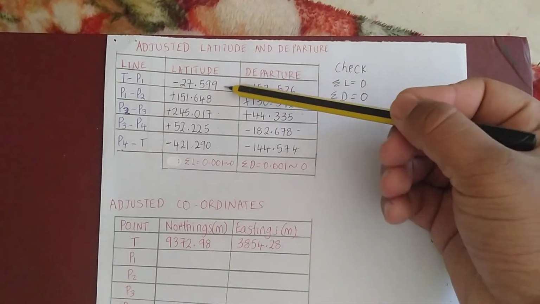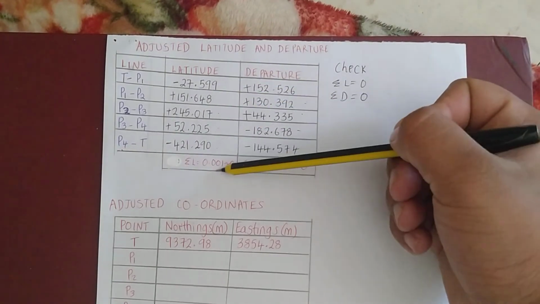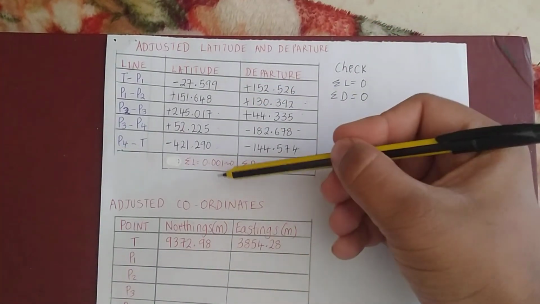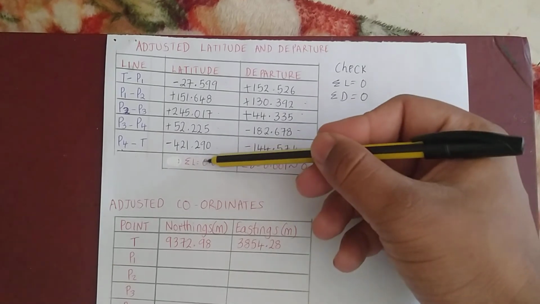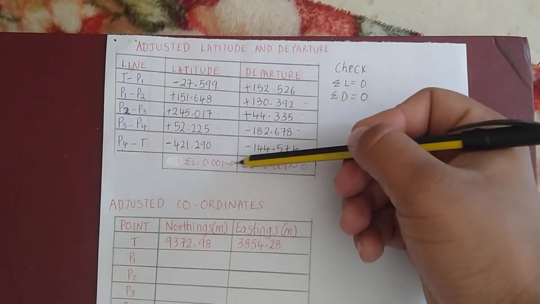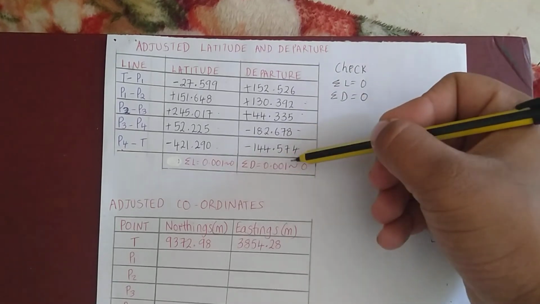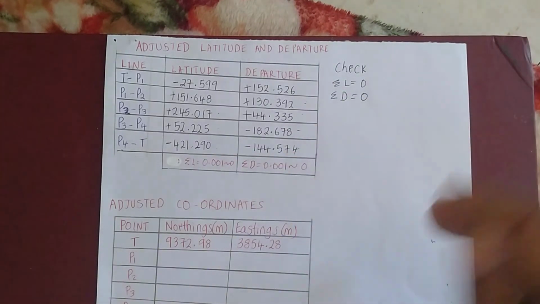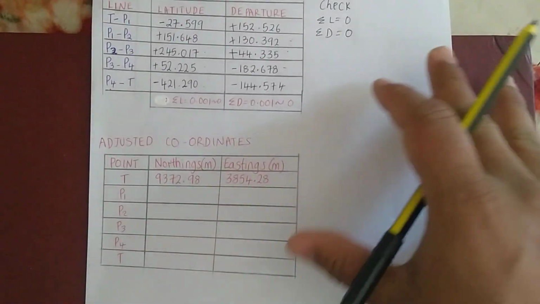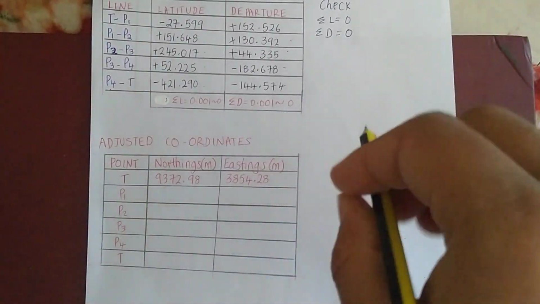So when you do the summation of these, you should get a 0. For me, I did the summation, I got it as 0.001, which is same as 0. Also the departure 0.001, which is same as 0. So now we shall calculate our adjusted coordinates.